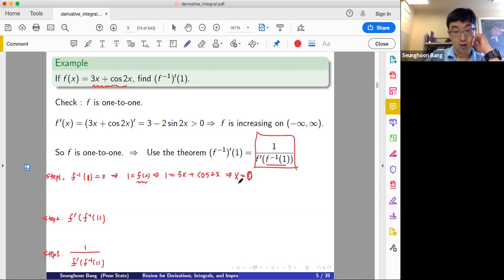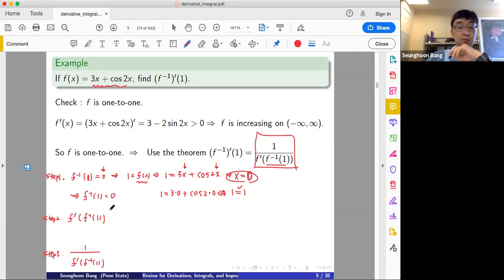You can just check by plugging 0 into x: 1 equals 3 times 0 plus cosine of 2 times 0. 3 times 0 is 0, and cosine of 0 is 1. Yes, x equals 0. So inverse f of 1 is exactly 0.